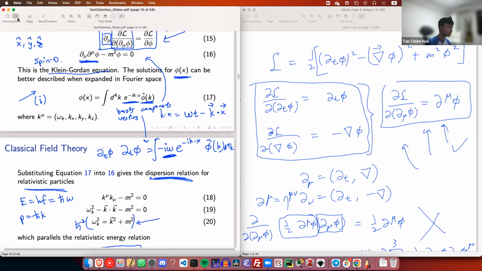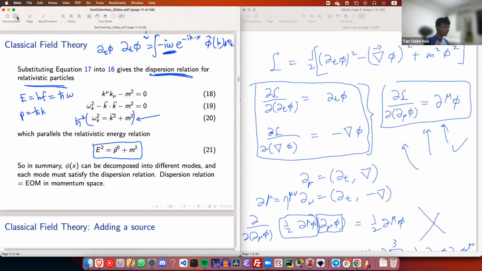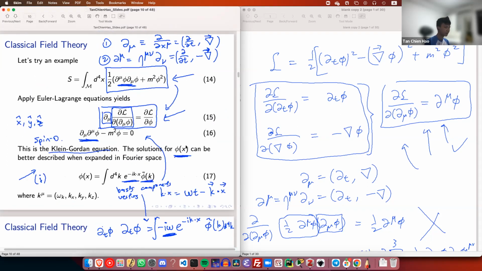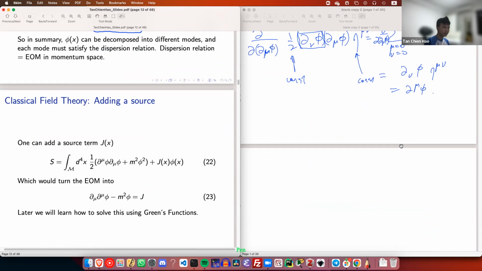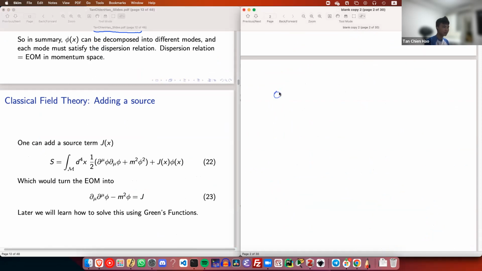Okay, so the reason we're talking about classical field theory is because we want to talk about canonical quantization. Let me just write it here. If I have a field phi and I express it in terms of Fourier modes, this is a scalar field.